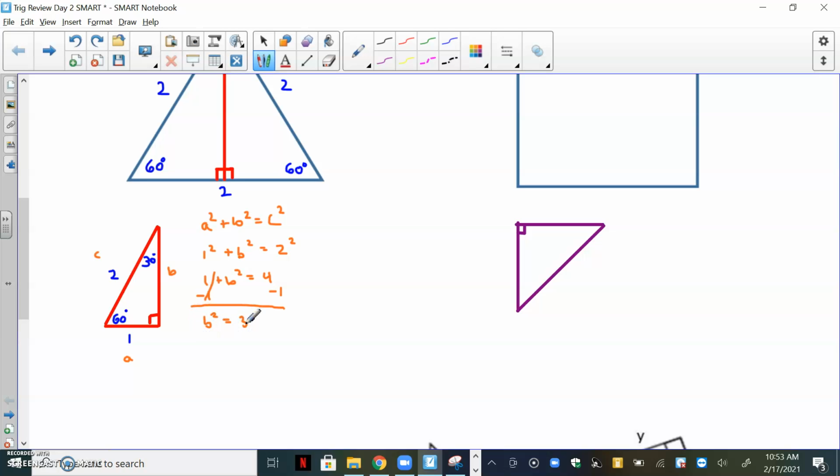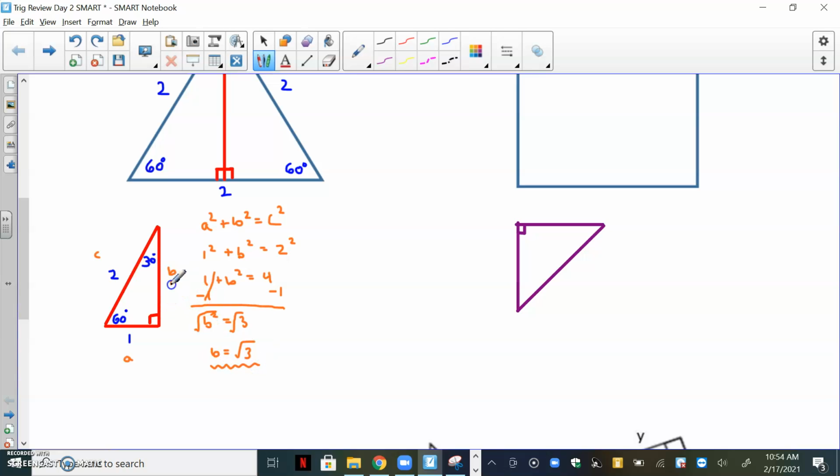At this point, we're very close to solving for B, but we're not quite there yet. We've got to get rid of this square, and hopefully we know that to do that, we have to do the opposite, which is to square root. So that tells me that my B length is equal to the square root of 3. Now we're just going to go ahead and leave it like that.